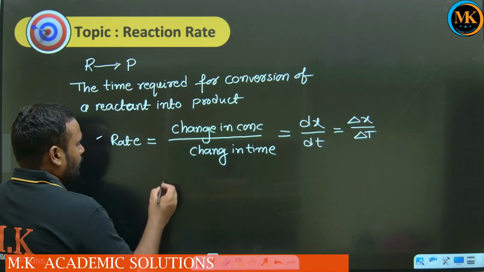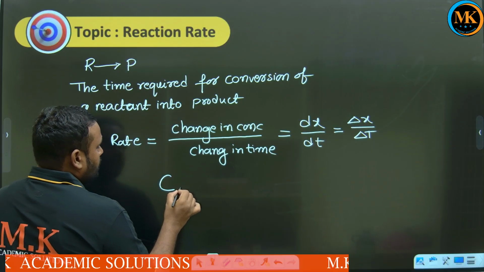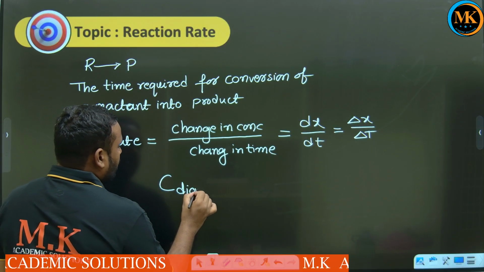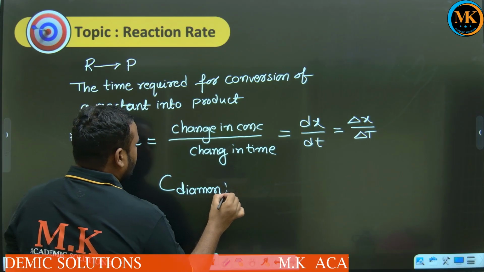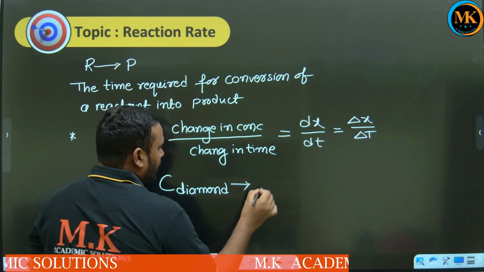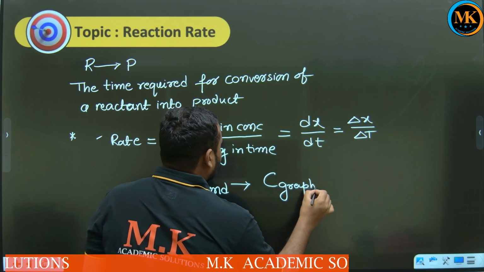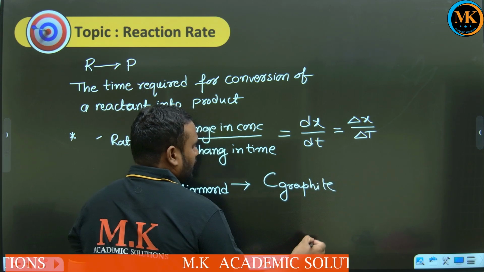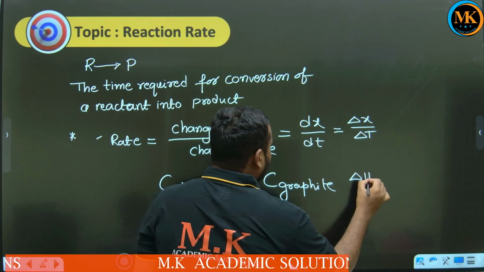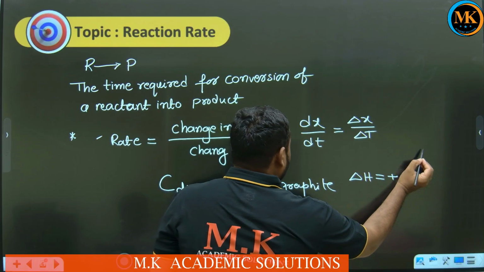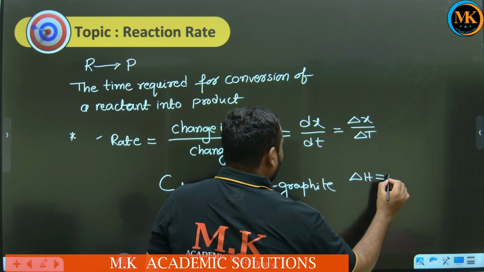See, for example, carbon diamond to carbon graphite. If you take this reaction, here delta H equal to negative.